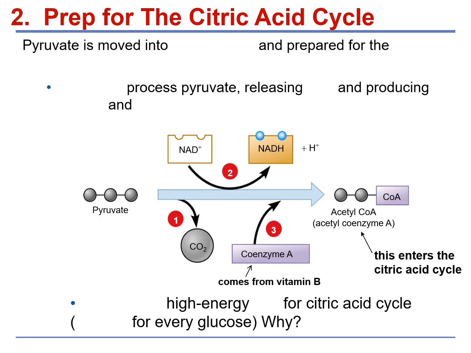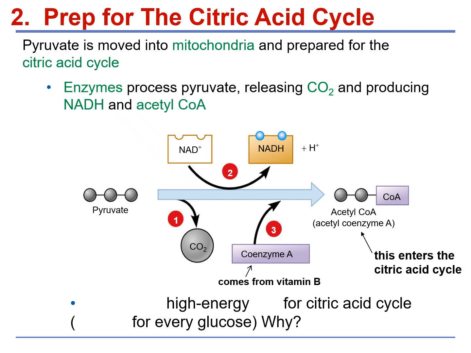Now let's look at the prep for the citric acid cycle. Pyruvate is moved into the mitochondria and prepared for the citric acid cycle. Enzymes process pyruvate, releasing CO2, which is carbon dioxide, and producing NADH and acetyl-CoA.